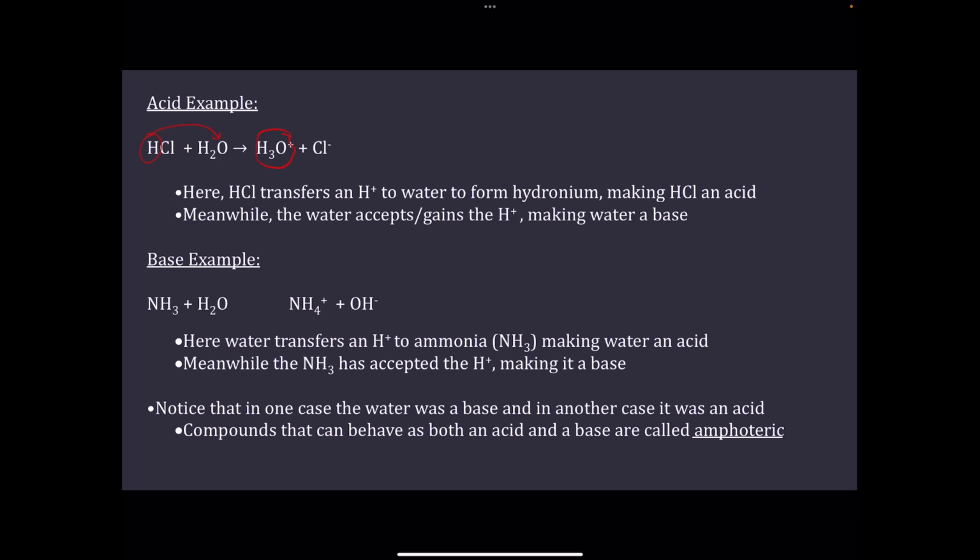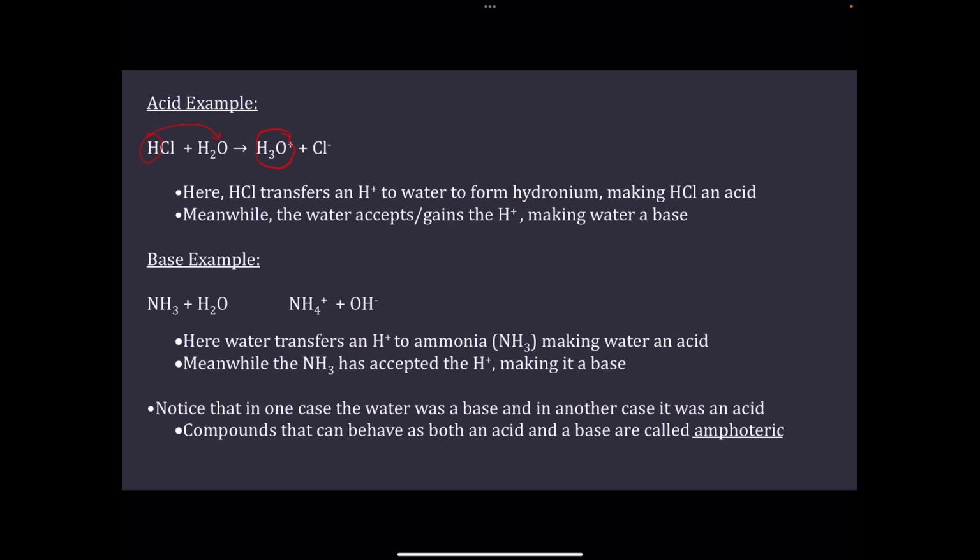So that's making HCl an acid. It is the proton donor. Meanwhile, the water accepts the hydrogen. It gains hydrogen, making the water a base. Now, when we talk about acid or base, initially we're talking about what we're putting into water.